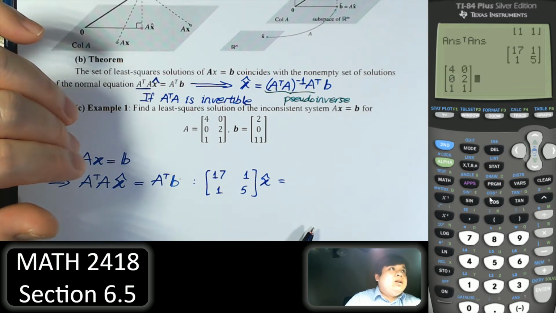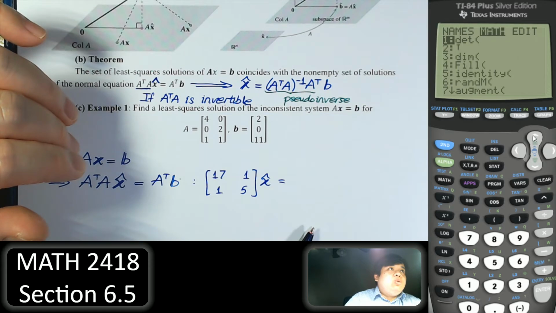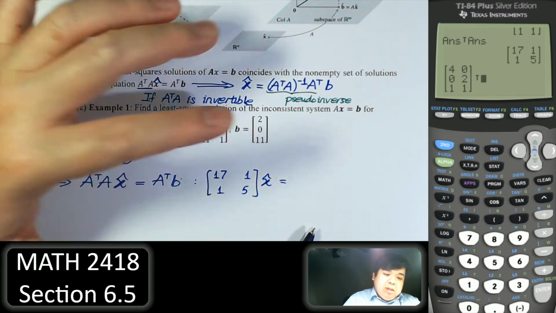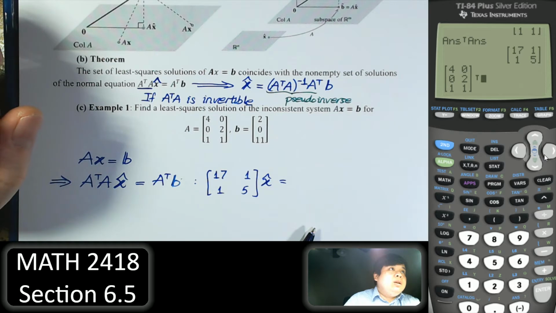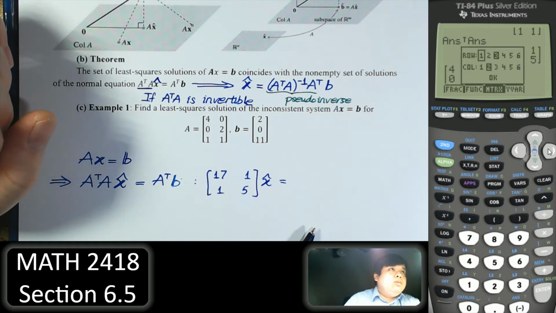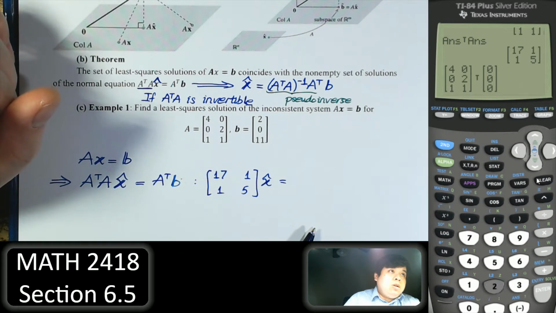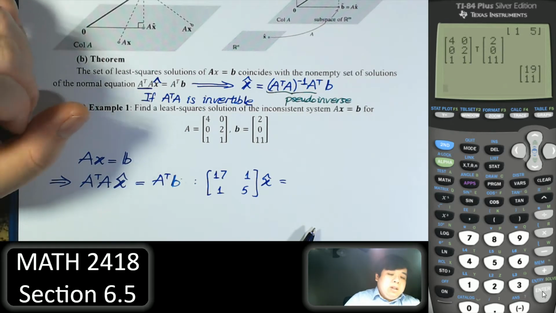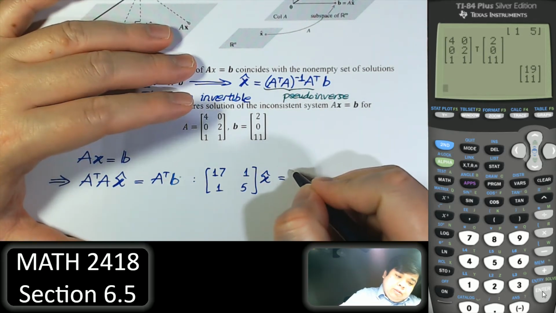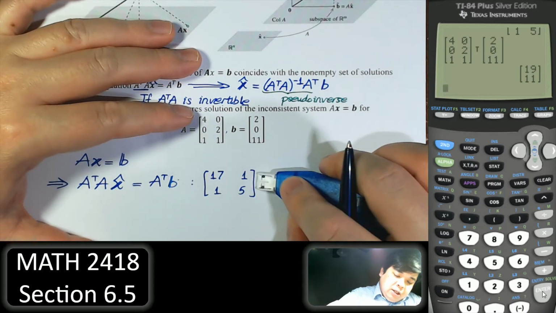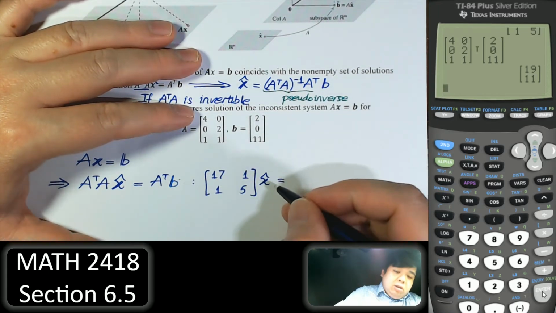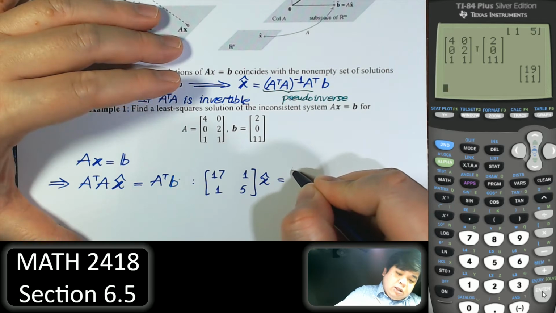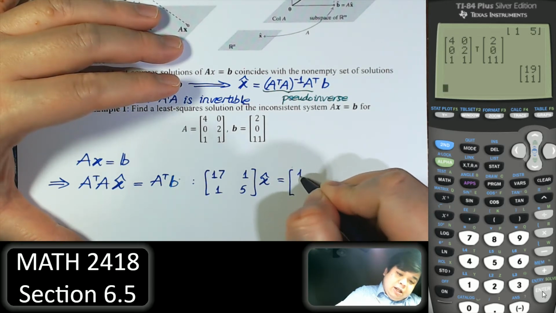Once again, this matrix transpose times B gives 19 and 11.